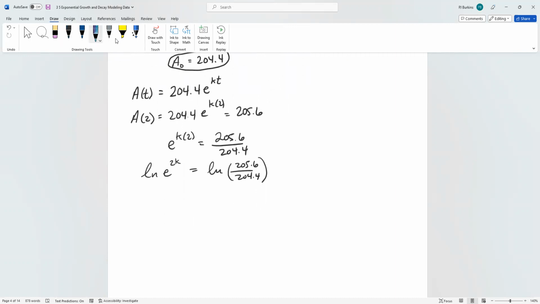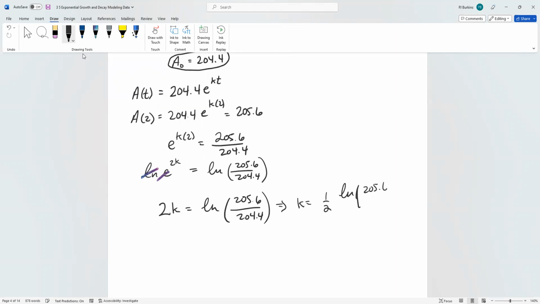And we said that that's going to cancel these and just leave me with 2k on this side and the natural log on this side. So the last thing I need to do is divide by 2, and that gives me k. So I just multiplied by a half, same thing as dividing by 2. You can choose to write it the other way if you prefer.